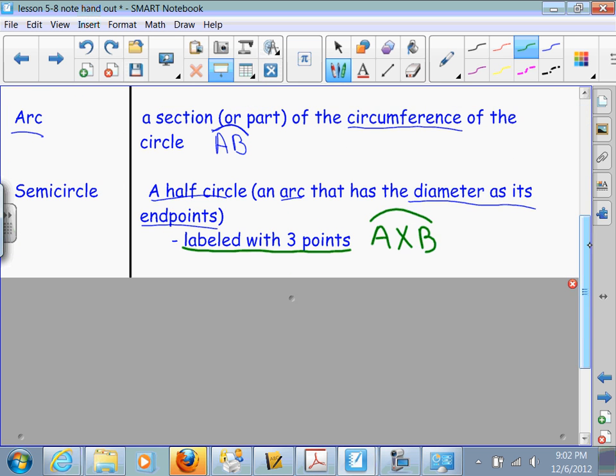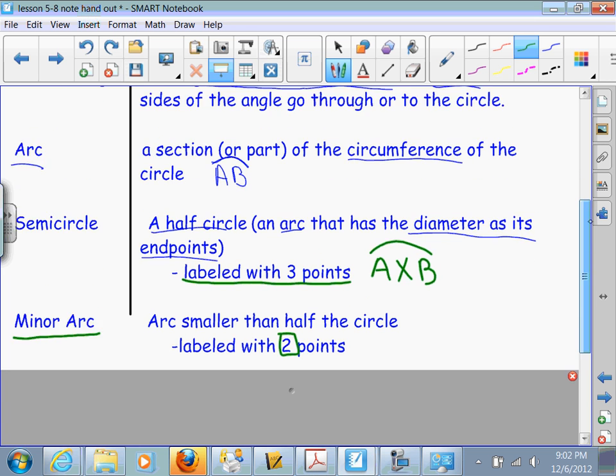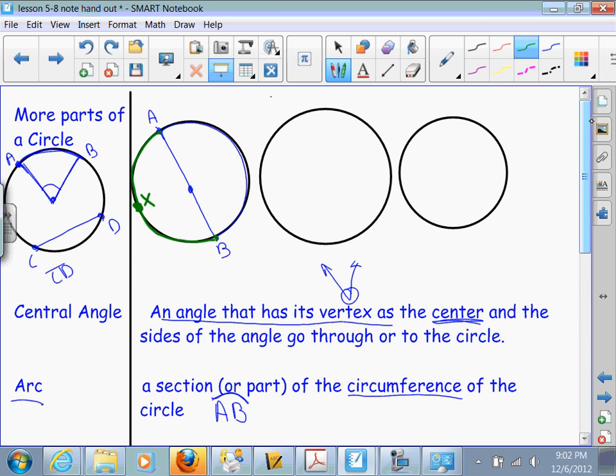Then we have something called a minor arc. In relationship to the semicircle, all it is is that it's smaller than a semicircle. It's smaller than half the circle. And because it's smaller than half the circle, we only need 2 points to label it. So if we go back to the drawing here, I could say that arc AB is a minor arc.